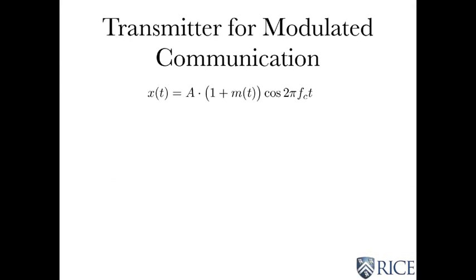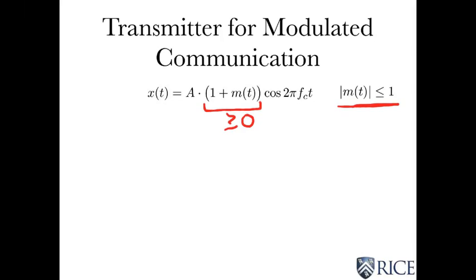So, what does the transmitter look like for modulated communication? It's very straightforward. So here's our message, and we get this somewhat curious thing in which we add 1. And the assumption here is that the amplitude of the message has been scaled so it's less than or equal to 1, which makes this greater than or equal to 0.